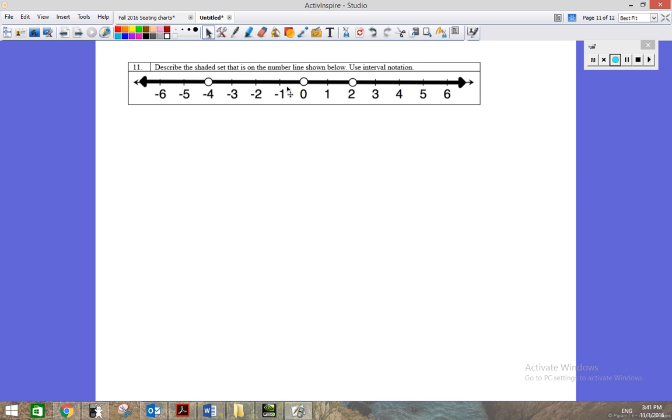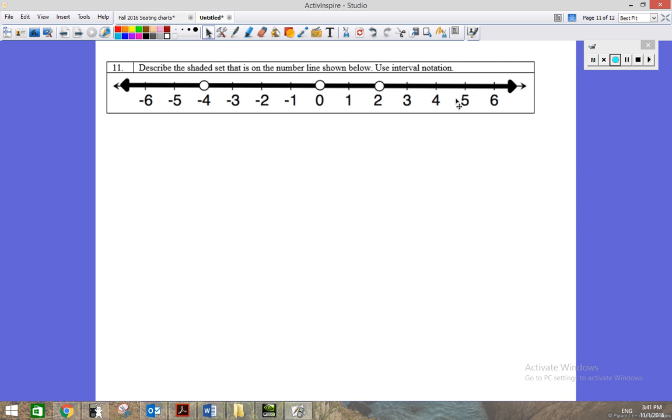For problem 11, it's almost the entire set of real numbers. We've got negative infinity shaded here. So from negative infinity to -4, that's an interval. And -4 is excluded, so it has an open parenthesis. Since there's a break in the graph, I need a union. And then between -4 and 0. 0 is not positive or negative. From -4 to 0, and since those are both hollow, I use open parentheses.